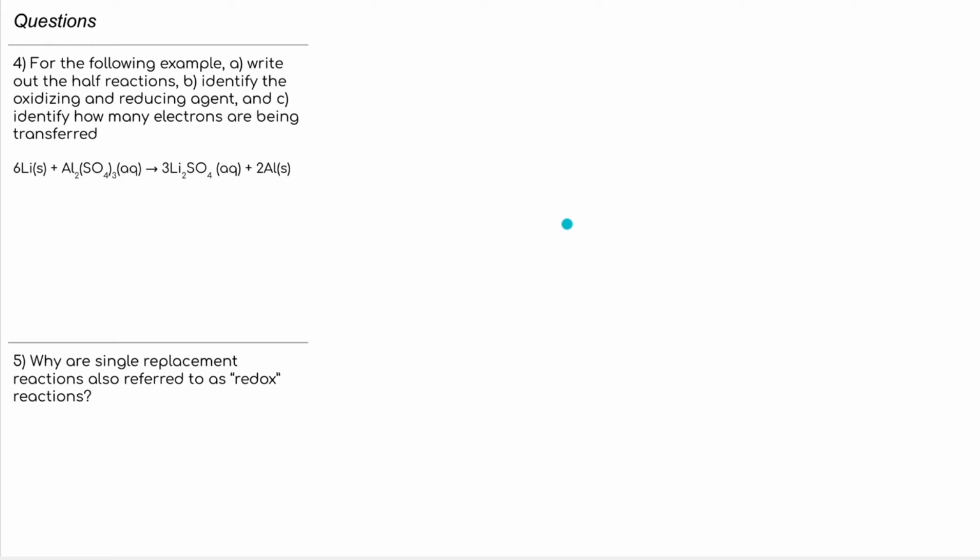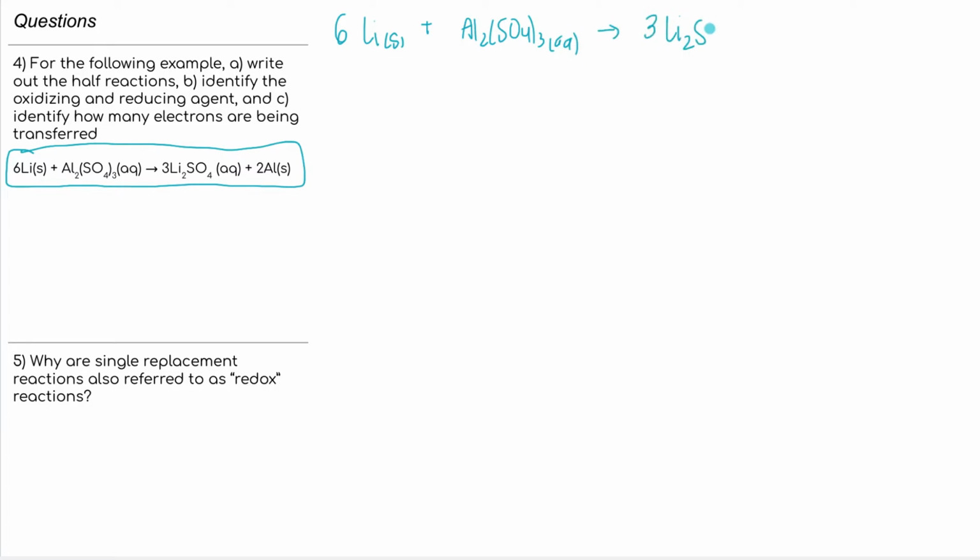So in order to do that, it's always a good idea to start off with the balanced chemical equation. So here we have 6 Li solid plus, and then it was just a 1 there, so it'd be Al2(SO4)3 aqueous, and that's going to form 3 of the Li2SO4, that's aqueous, and 2 of the solid aluminums.